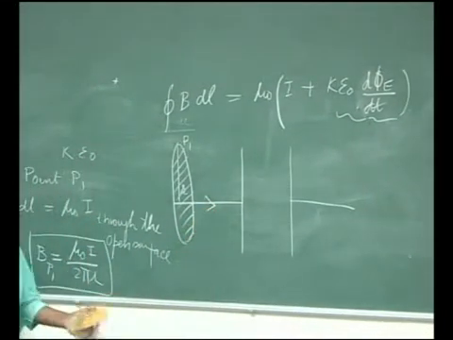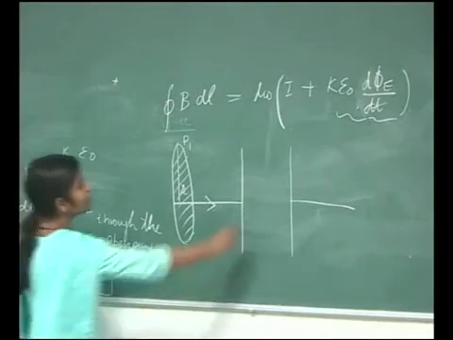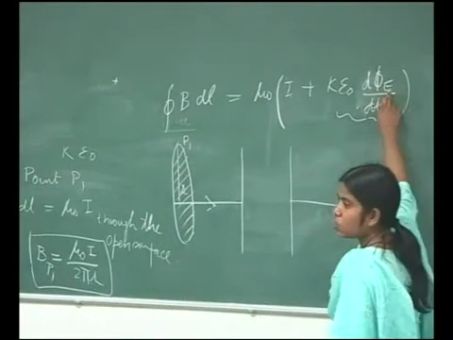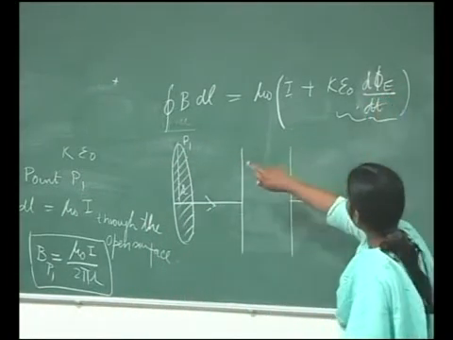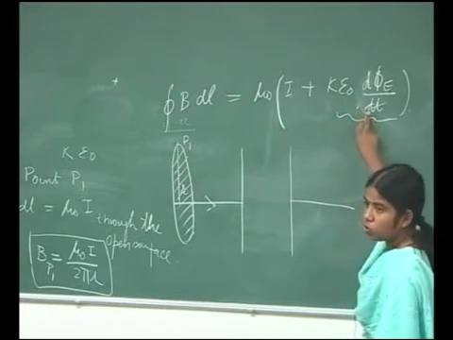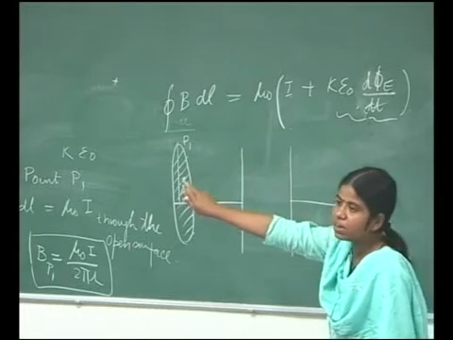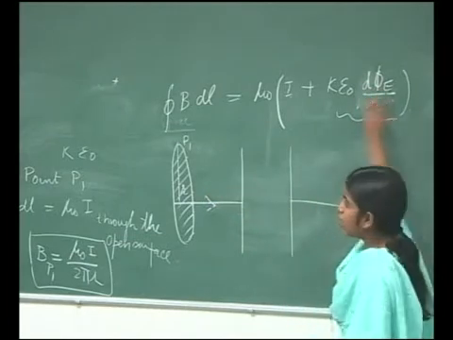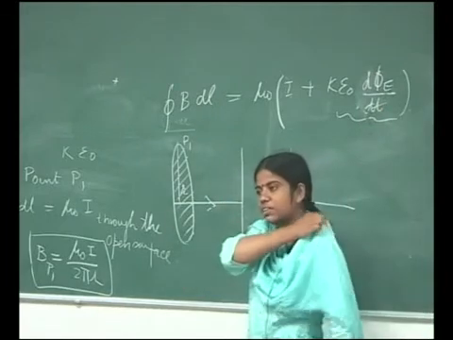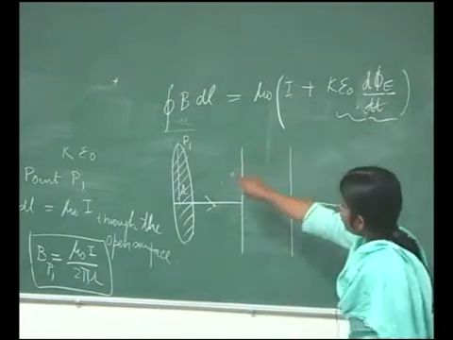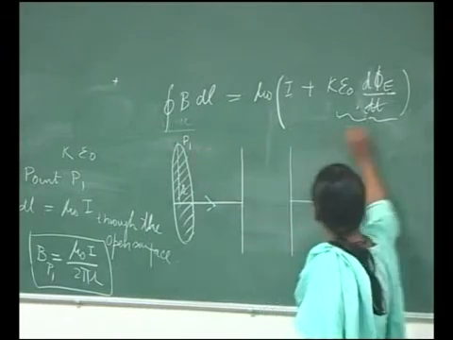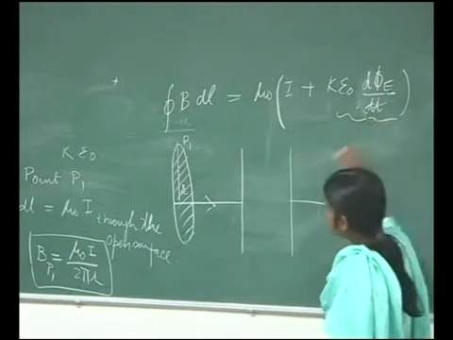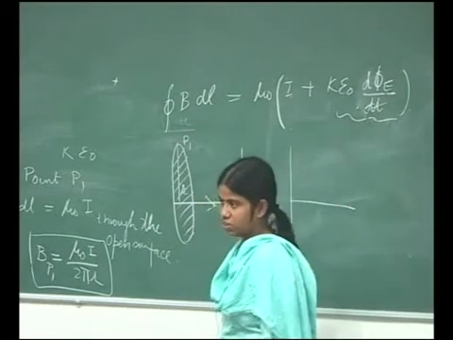So, there is only current, there is no electric field. If there is no electric field, there is no flux. So, for point P1 the second term goes to 0, because there is no electric flux associated with this chosen open surface.